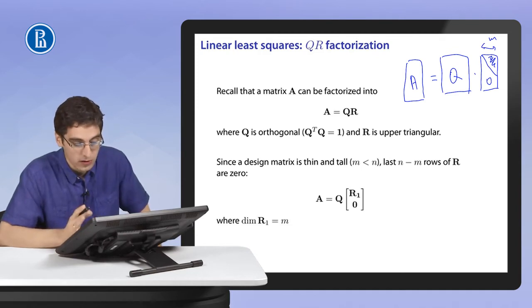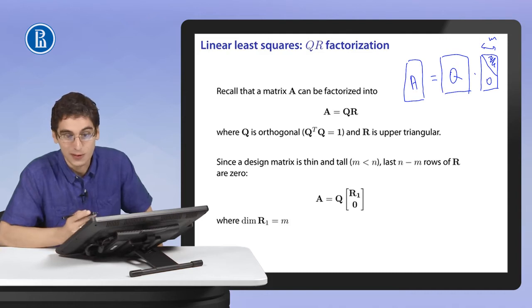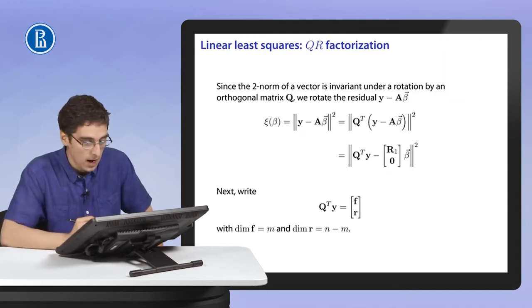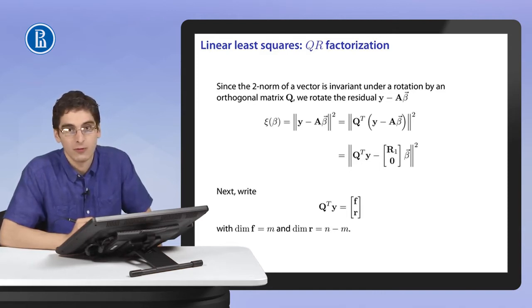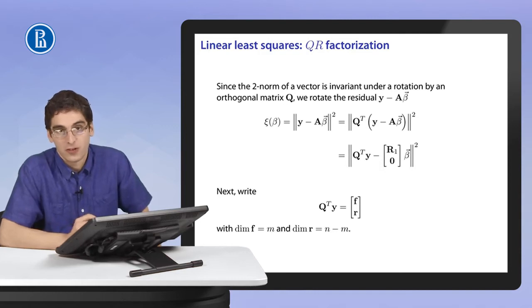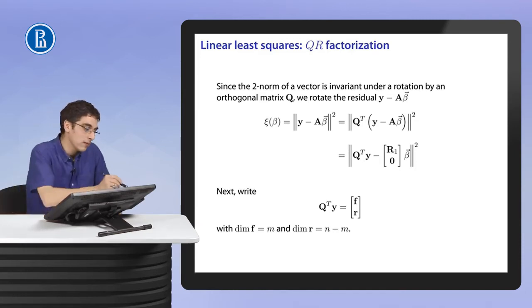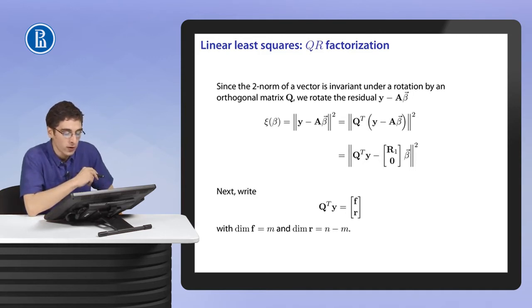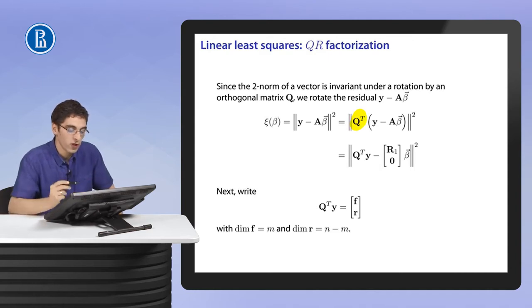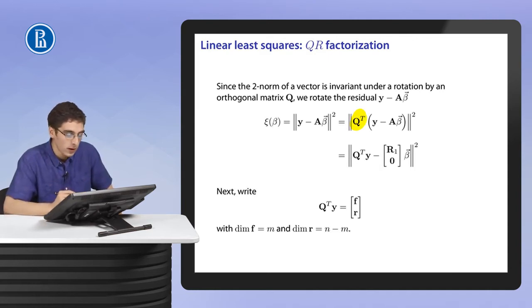Okay, this is nice, but how do we use it? Here's how. What we're actually minimizing is a 2-norm of some vector in an n-dimensional space. The length of a vector is invariant under rotations. So what we do, we rotate this vector of residuals by Q transpose. This doesn't change the length of this vector.